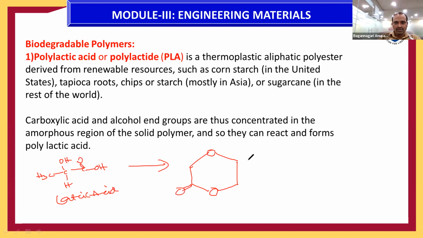Double bond O, CH3, CH3. So this is called lactate. Now this lactate undergoes polymerization. We are getting the polylactic acid.